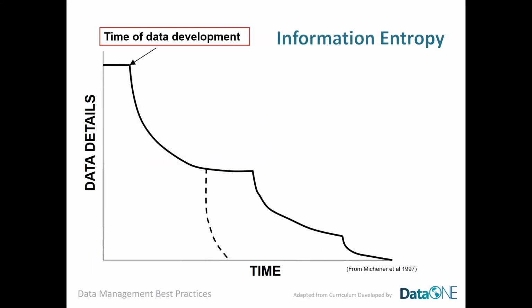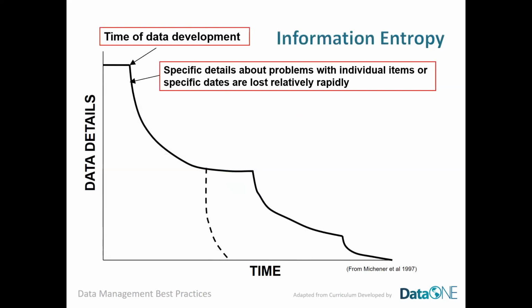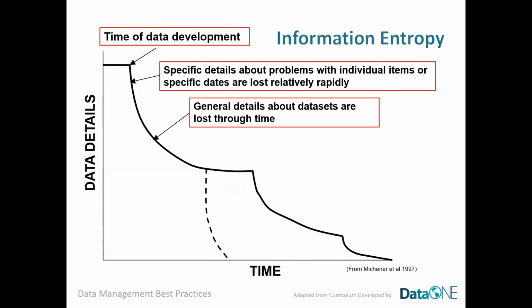Details about the development of the data set are still easily recalled, and this is the best time to document information about the process for your data collection, population, methodology, data analysis tools and process, results, and so forth. Thus, if you don't document your data collection process over time, you may lose the ability to recall these details. The general details of knowledge about the data set will also fade away.